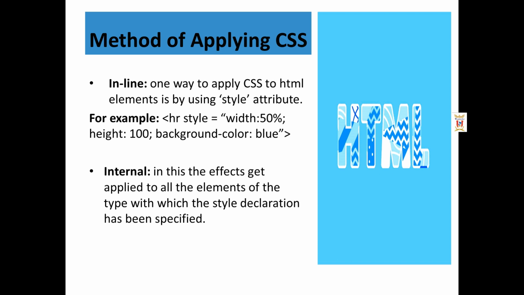In the example, you can see HR is our horizontal line and style is our attribute. The width of the horizontal line will be 50% and the height will be 100. Here no percentage is mentioned, so by default it will take the value in pixels. Next, the background color will be blue. This is how you write inline CSS.